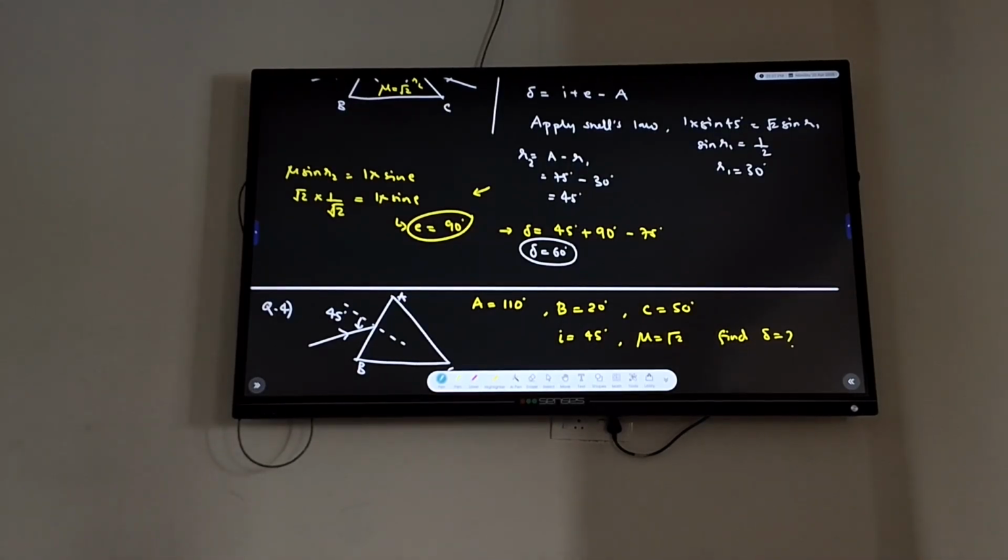Should I give you a hint? Before any question, as I said already, you should always check the condition of no emergence. Please check that and then follow up. Okay?